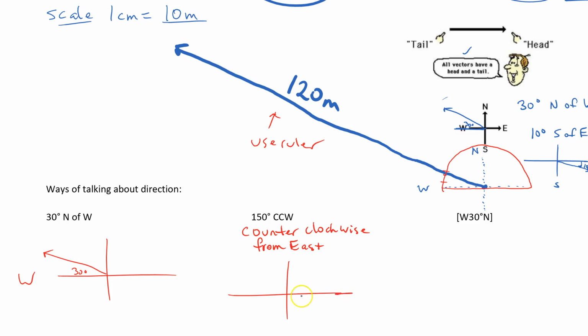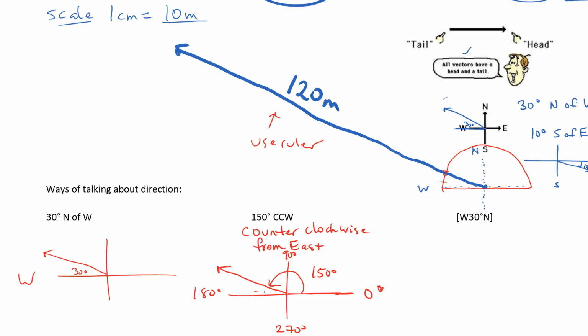So if this here is 0 degrees, and then this would be 90 degrees, this would be 180 degrees, and down here would be 270 degrees. So here if I went 150 degrees counterclockwise from east, it's the exact same angle where that's 150 degrees. Okay, so again, if you did 180 minus 150, you'd put a 30 in there.